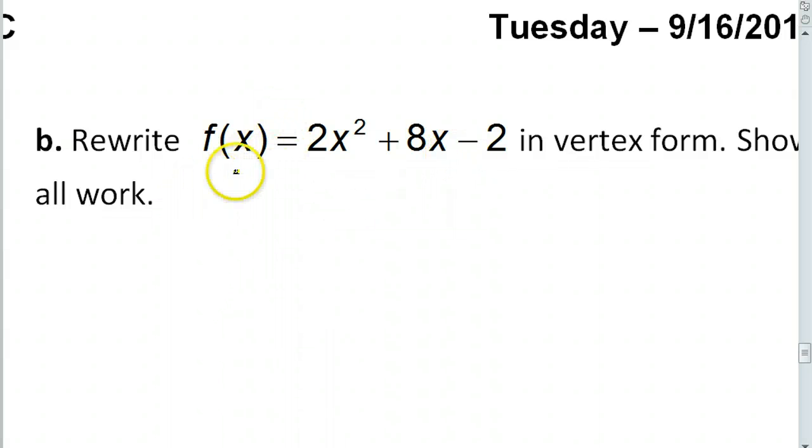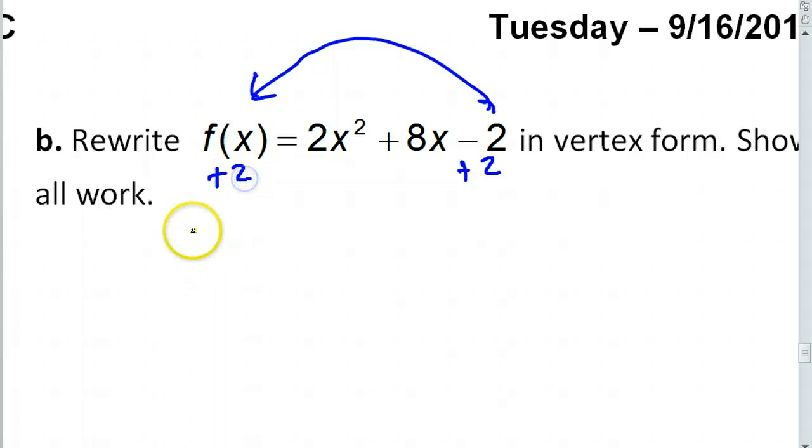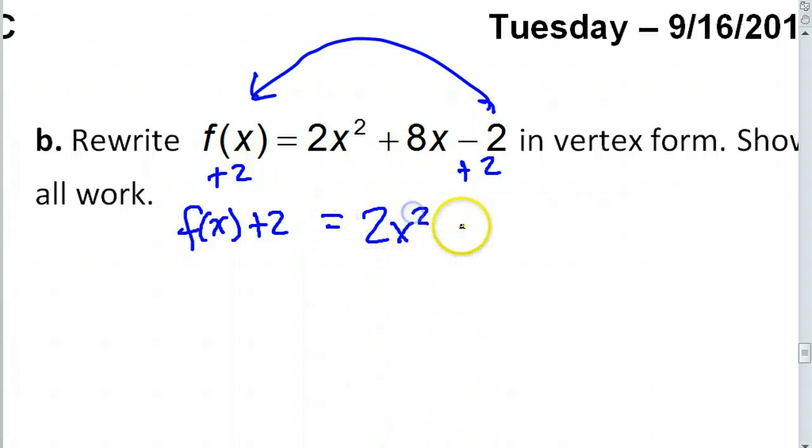First of all, we have to move this negative 2 over to the other side of the equation. So I'm going to add 2 to both sides. That makes f of x plus 2 equal to 2x squared plus 8x.